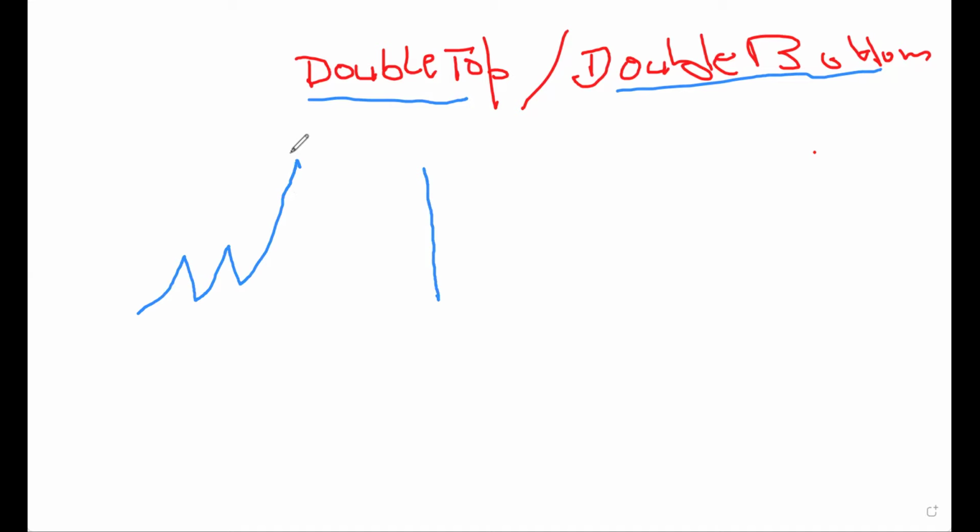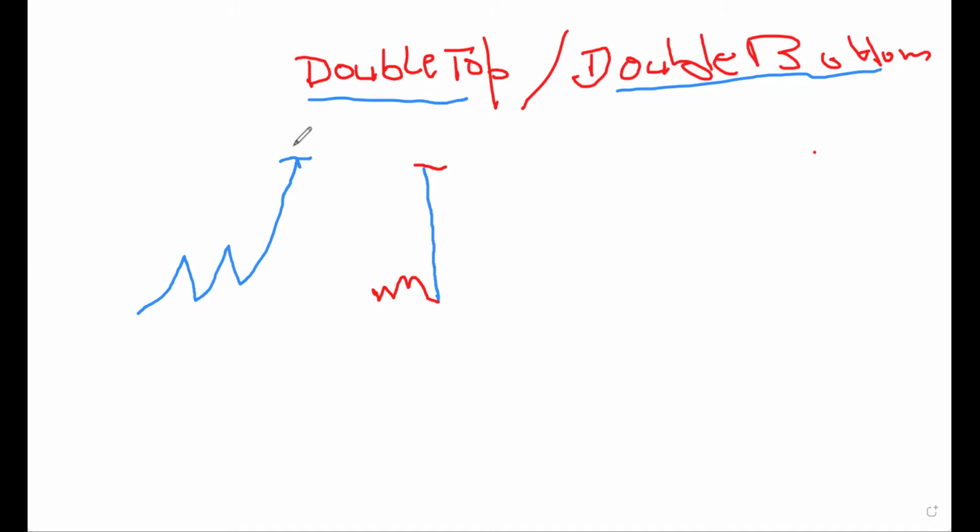Whenever you get a double top, this is what we call a double top. That's your first top. That's the second top. So when the price is going up and higher, instead of going higher, it fell. So it creates a double top.